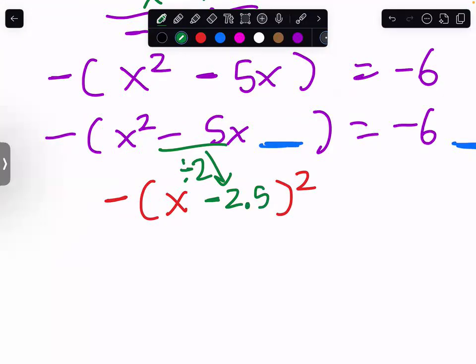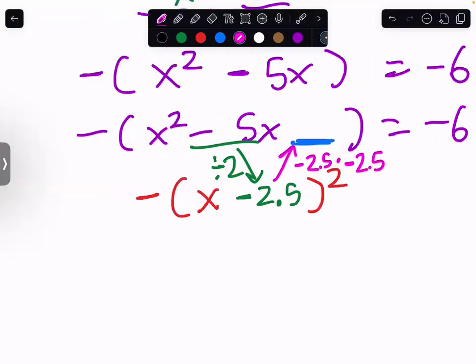Okay, and now that we know that number, we can go up and fill in this blank. You take that number times itself. You're welcome to use a calculator. You are allowed a calculator on the test. -2.5 times -2.5 will be positive 6.25. So plus 6.25 goes in this blank.